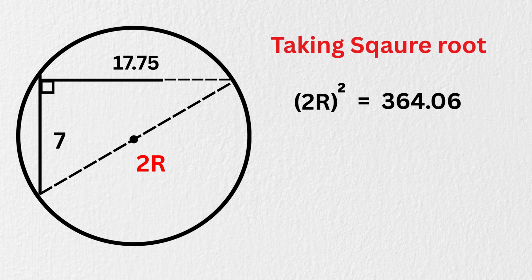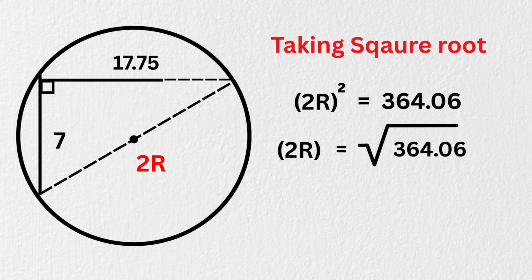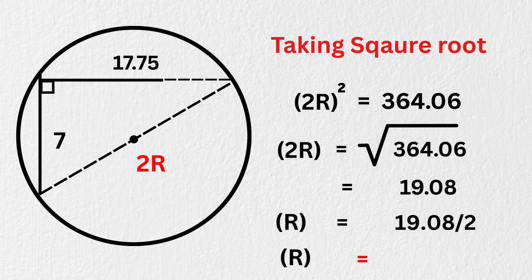Now, taking the square root on both sides, we get 2r equals the square root of 364.06, which equals 19.08. Hence, r will be 19.08 divided by 2, which gives 9.54.